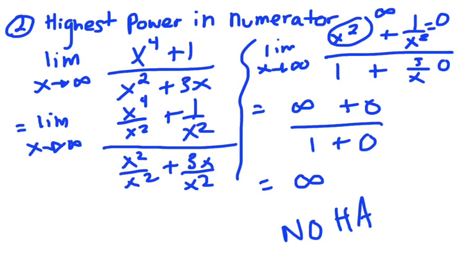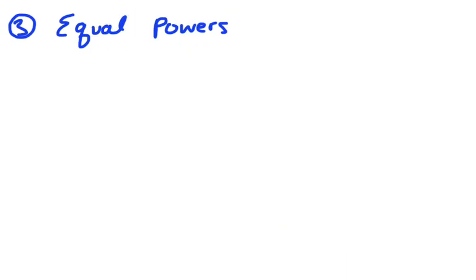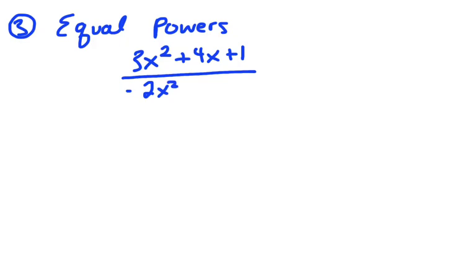And the last case is when you have equal powers. Well, let's try one of those. So let me write out one. Let's go 3x squared plus 4x plus 1 all over negative x squared minus 4. So again, we're going to take the limit as x goes to infinity.